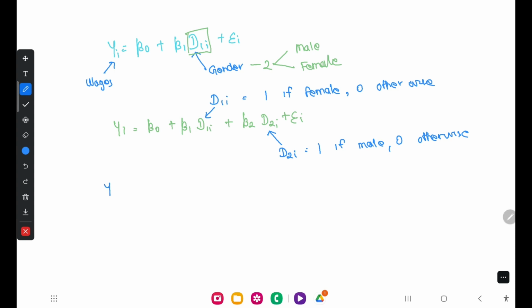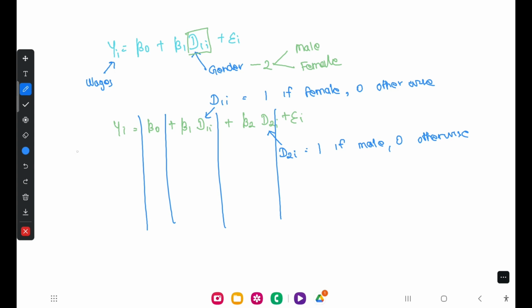Y, beta naught. I'm going to form columns, and let's say I have 5 values.